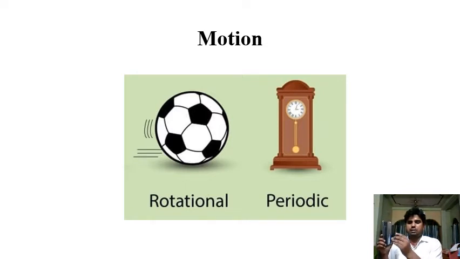Let's see, this is a sun and this is an earth, and if it is rotating like this around this pen, then it will be called circular motion. But now what is happening is that this camera, this mobile, is actually rotating on its own axis. So such motion is known as rotational motion.